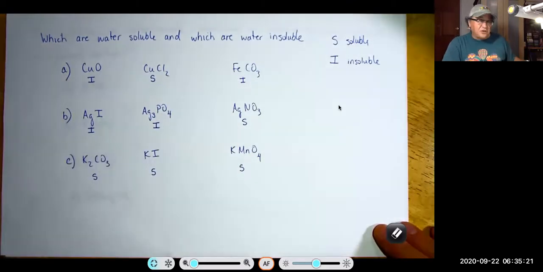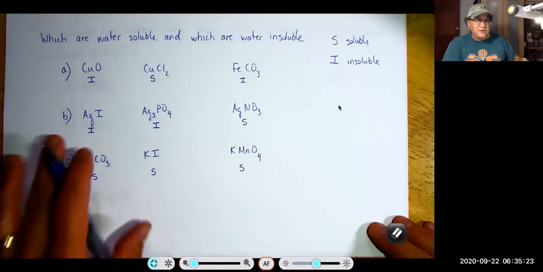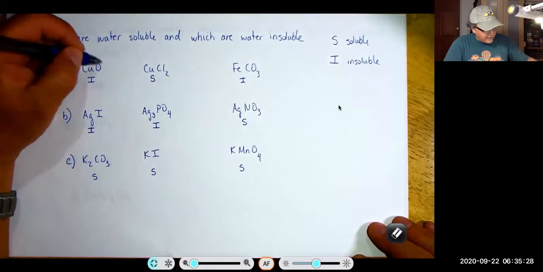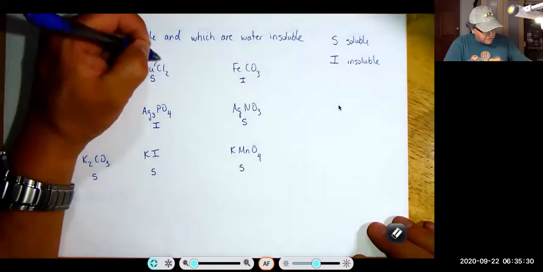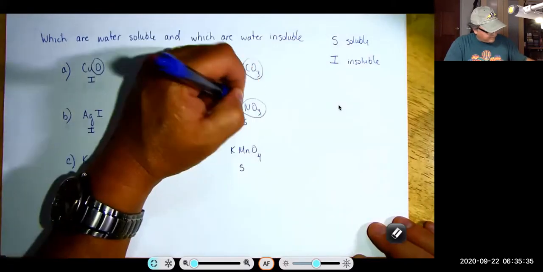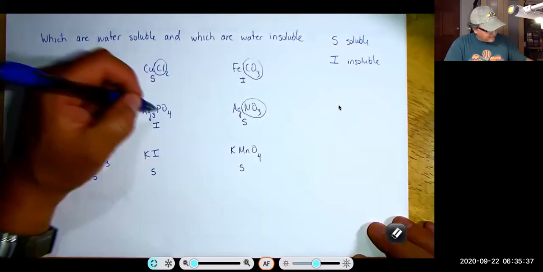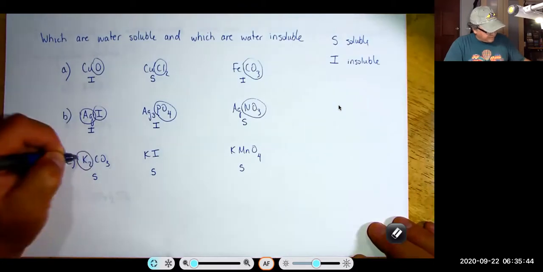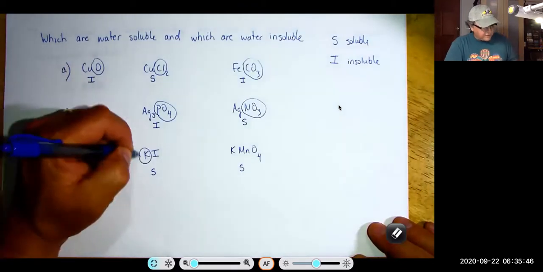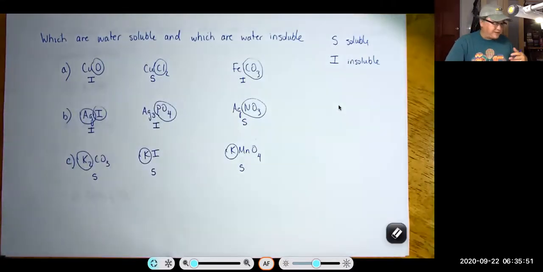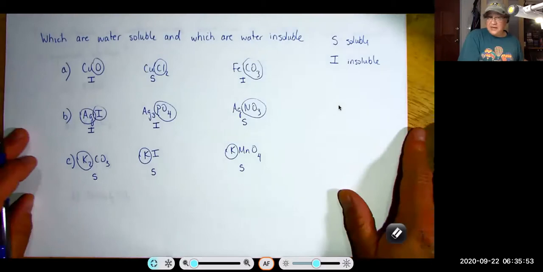So if I circle the things that led me to these conclusions, they would be here the oxygen, here the chloride, here the carbonate, here the nitrate, here the phosphate, here the iodide with the silver as an exception, here the potassium, here the potassium, and here the potassium. Those were what led me to those conclusions. So sometimes it's the cation that tells you, sometimes it's the anion.